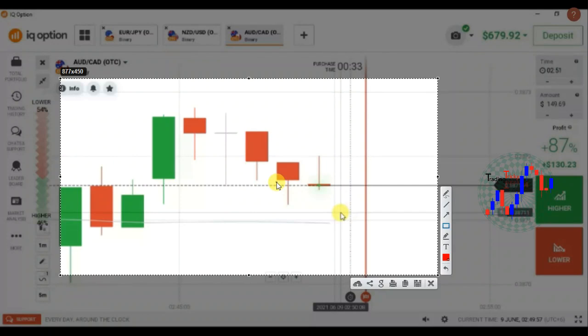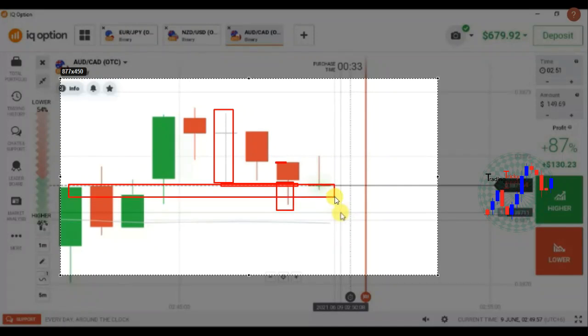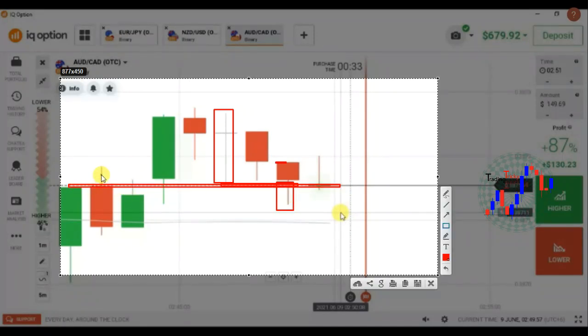Because we have strong rejection, the direct sellers' entry, and we have another doji candle here. There is a seller's entry from here, but we don't know if buyers will enter. But according to this candle, because we have lower side rejection, this candle has upper side rejection, and we have a strong doji, so it's a level.